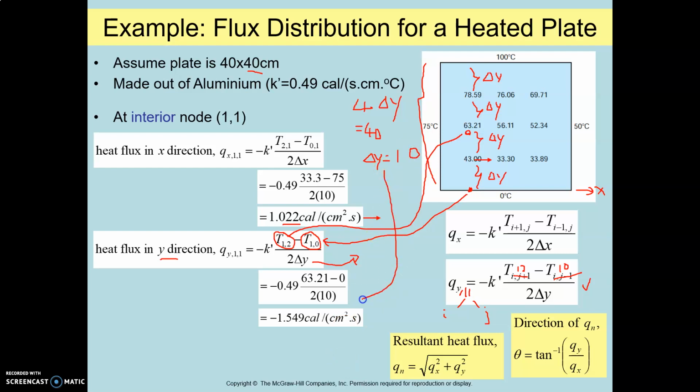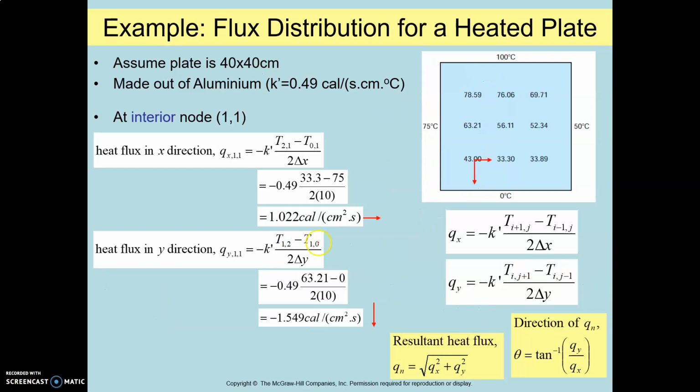So you substitute inside here, then you compute and you get negative in this case. So since you know positive y is moving upward, then negative y should be moving downward. So with that, you know that the direction for the heat flux in y direction is moving downward. So we obtain this.